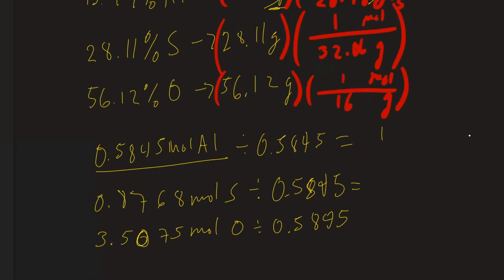I'm not getting 1 over here, so let me do that calculation real quick. 0.8768 over 0.5845, so I get about 1.50. And for oxygen, I get about 6.